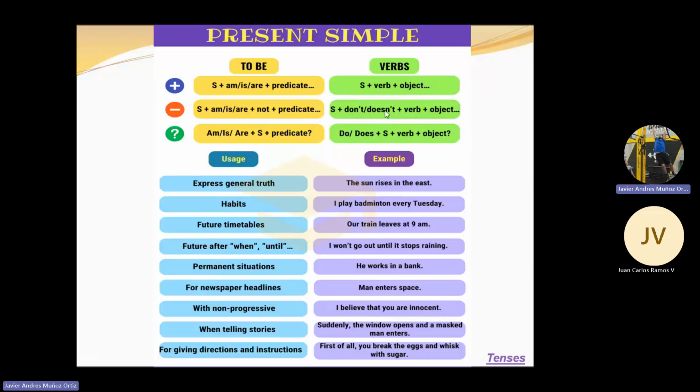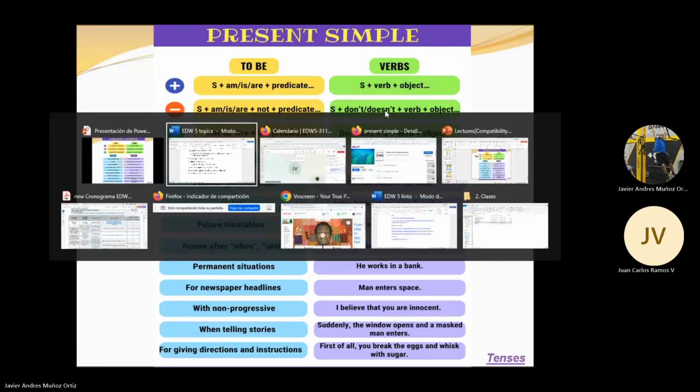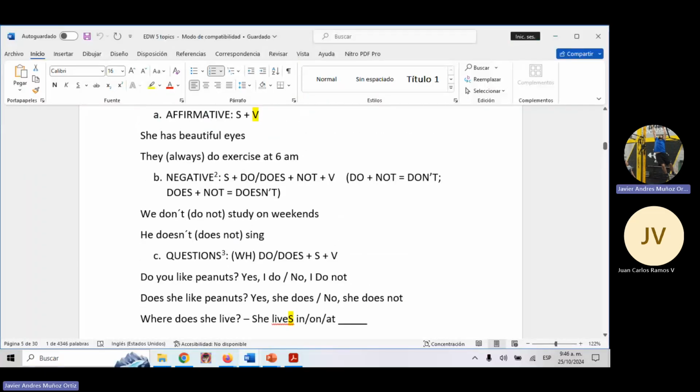And because we have an auxiliary verb, the main verb is not going to change. It's going to be in infinitive, right? Without any kind of modifications. A quick example: we're going to use do not for I, you, we, they, and we are going to use does not for a man, woman, animal.